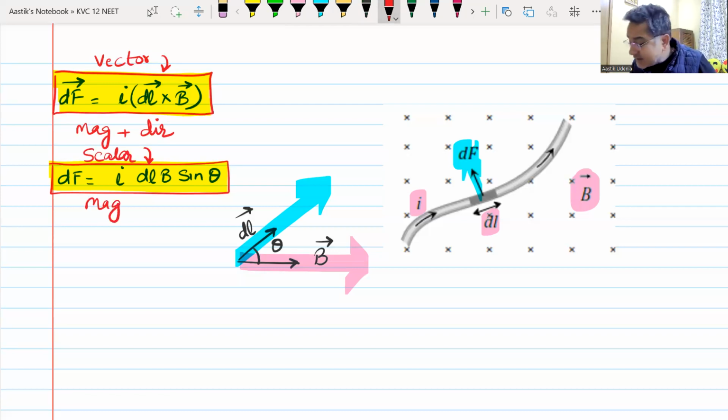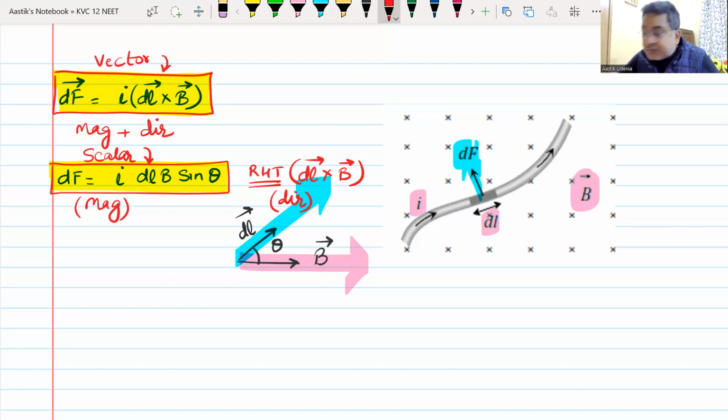But how will I get the direction of force? To get the direction of force, I have to use the right hand thumb rule. I have to find the cross product of dl with B, moving my right hand fingers from dl to B, and this will give me the direction of force. dl is the first vector, so your thumb will point in the direction of dl or current.